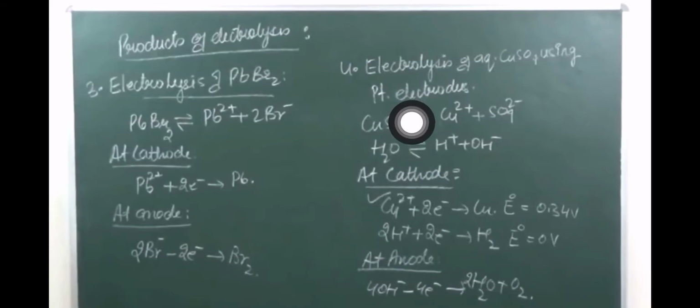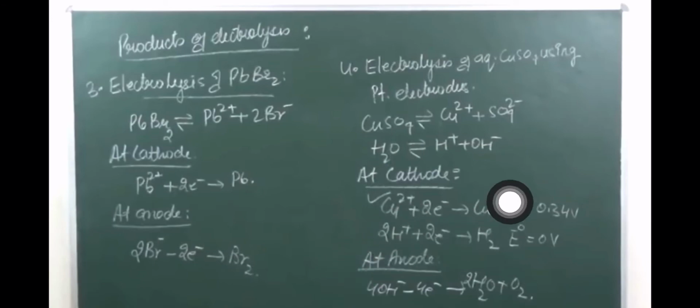I am repeating again. When electrolysis of aqueous CuSO4 takes place, the reaction at cathode is Cu plus 2 electrons giving Cu. This reaction takes place because the positive value of E0 is more for Cu.